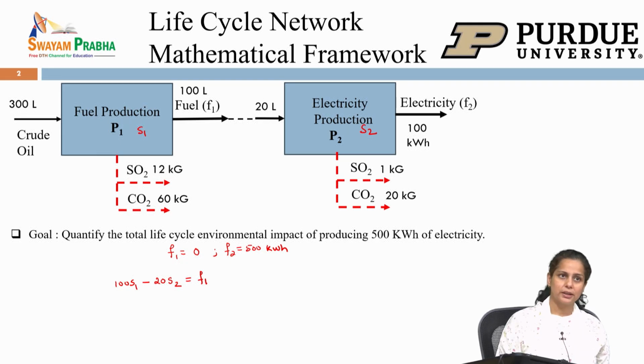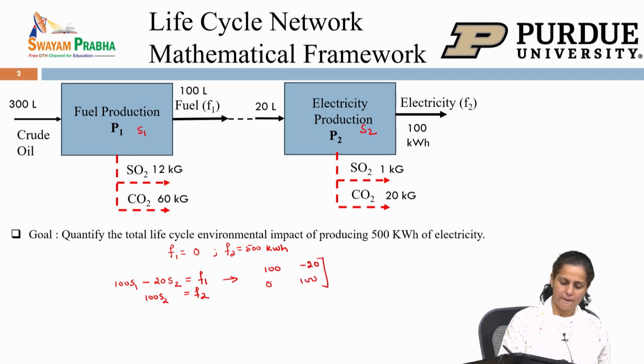Similarly, for electricity, in the whole network the only thing happening is the production, so we have 100 times S2 equal to F2. If you remember, this gives us our technology matrix, 100 minus 20 and 0 100. This is our A, the technology matrix.